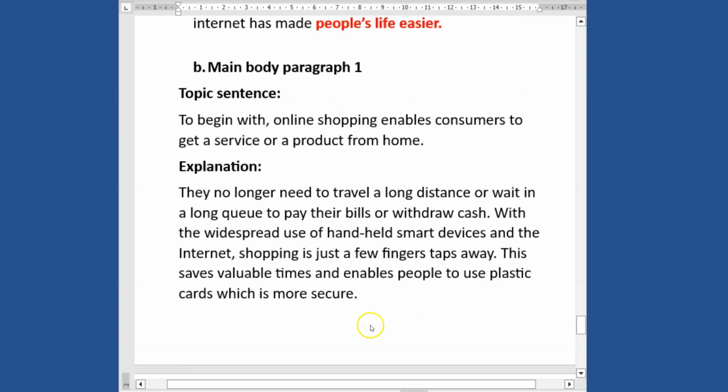So let's read the whole paragraph. To begin with, online shopping enables consumers to get a service or a product from home. They no longer need to travel a long distance or wait in a long queue to pay their bills or withdraw cash. With the widespread use of handheld smart devices and the internet, shopping is just a few finger taps away.